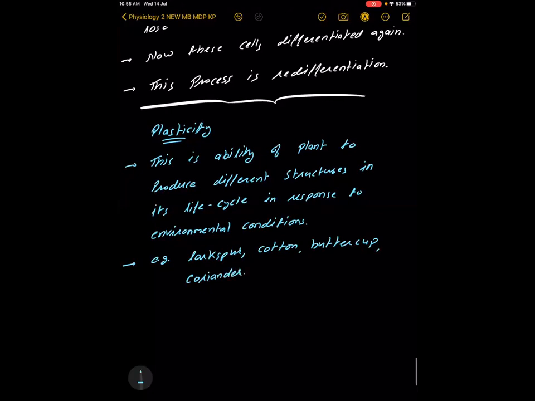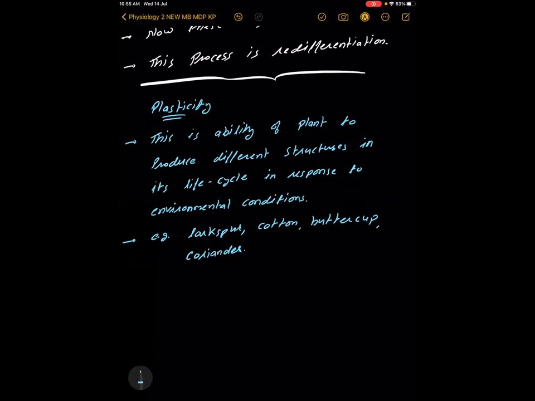In these plants like coriander and cotton, generally they have different leaf shapes in their primary or developing stage. That is called juvenile stage. In juvenile stage the plant develops different types of leaves, different shapes, but in adult stage the leaf is completely different.